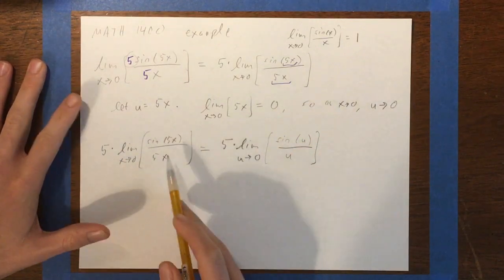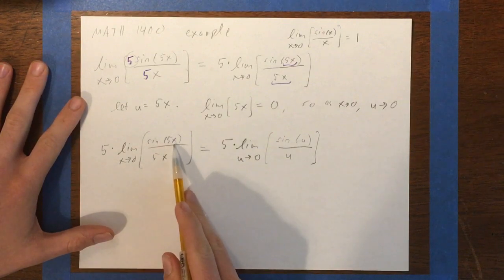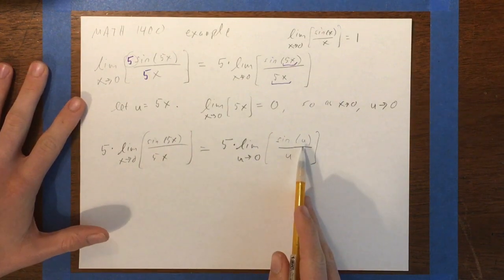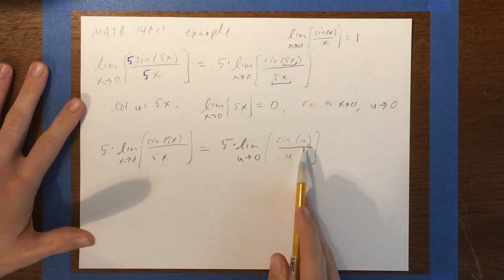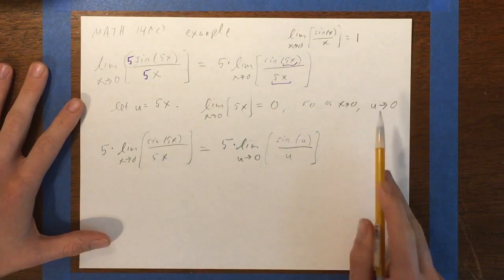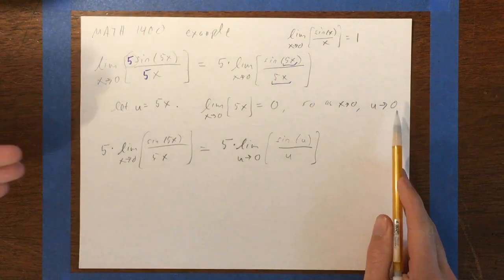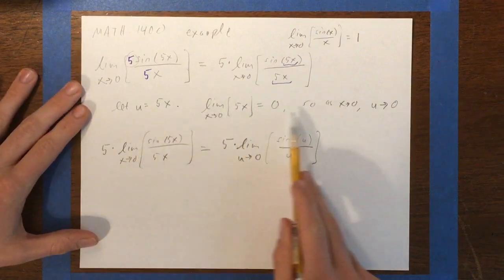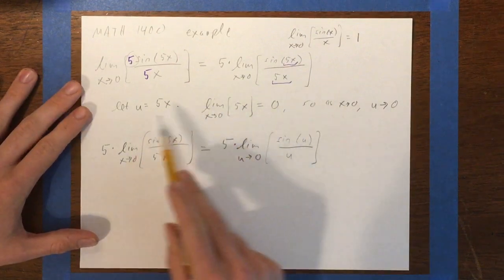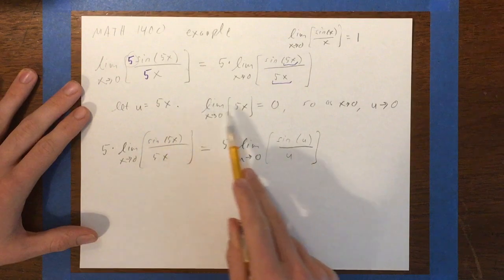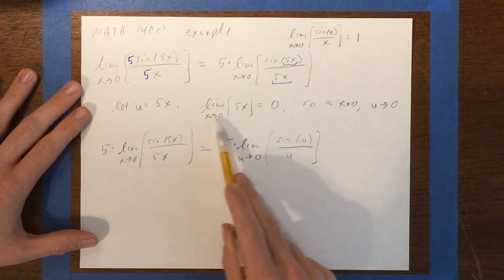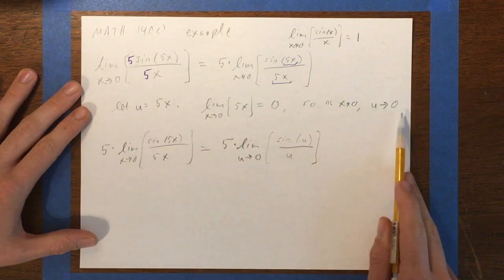So I've done the substitution. 5x is now replaced by the variable u, and instead of having x approaching 0, I'm having u approach whatever it should approach. That was determined by what we discovered up here, by taking the limit of that function as x approaches 0 to discover what u is approaching.